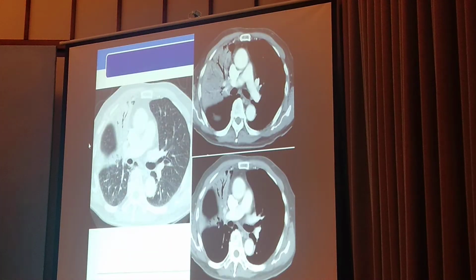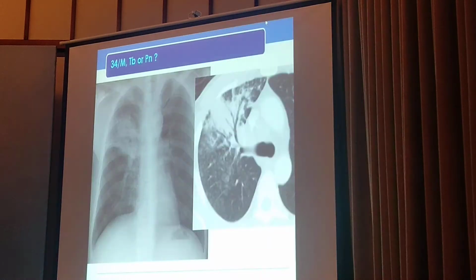But on careful examination of the air bronchogram, the air bronchograms show slight dilatation and are tortuous. So it is confirmed as tuberculosis. Sometimes it is very difficult to differentiate tuberculosis from pneumonia.